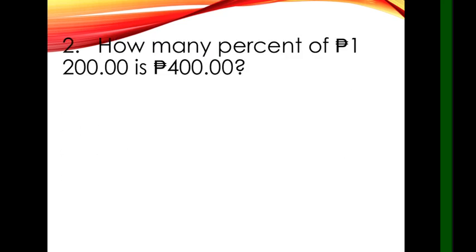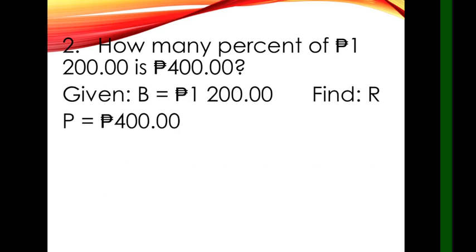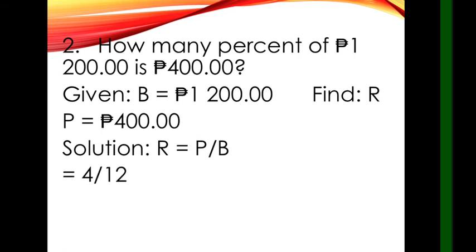Okay, how many percent of 1,200 is 400? Again, given is 1,200, P is 400, divide 400 by 1,200 is 4 over 12. Nagets nyo ba kung paano naging 4 over 12? Okay, let me use my pen. Here we have P is 400 over 1,200.